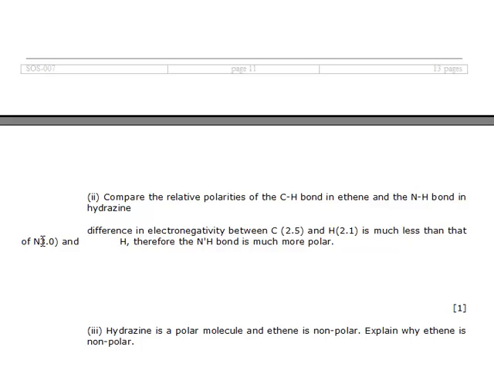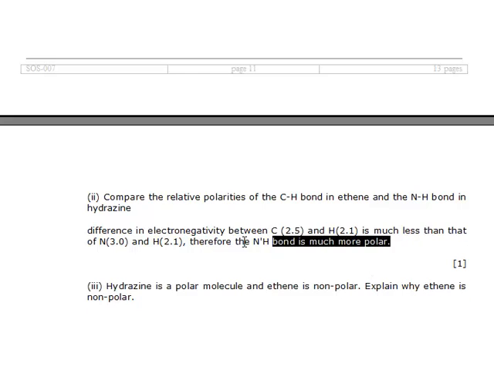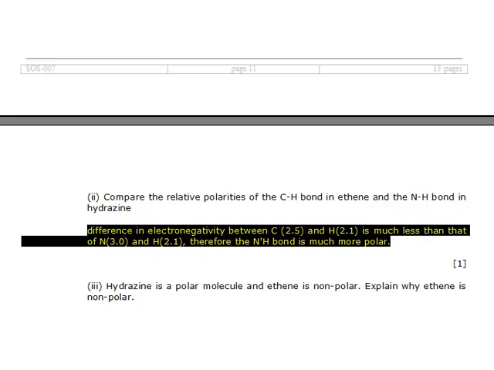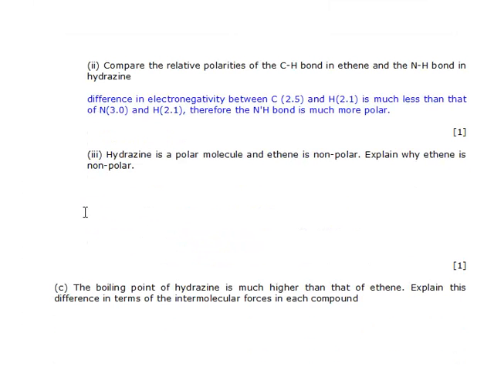And hydrogen, as we say, is 2.1. So you can see there's a bigger difference between nitrogen and hydrogen than there is between carbon and hydrogen. Well, this is only for 1 mark, so you don't need to go into that full explanation. Hydrazine is a polar molecule and ethene is non-polar.